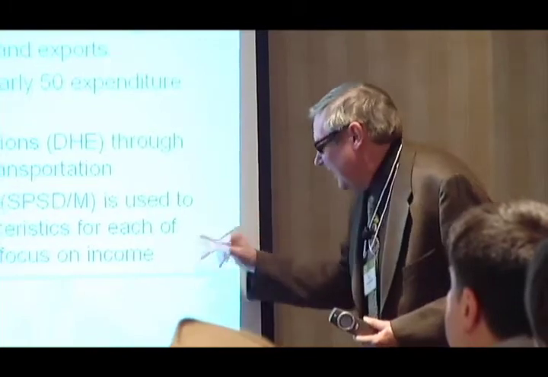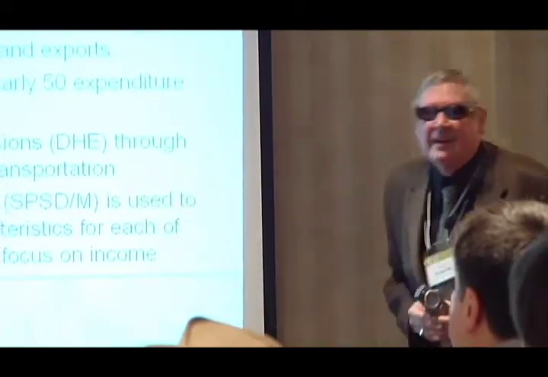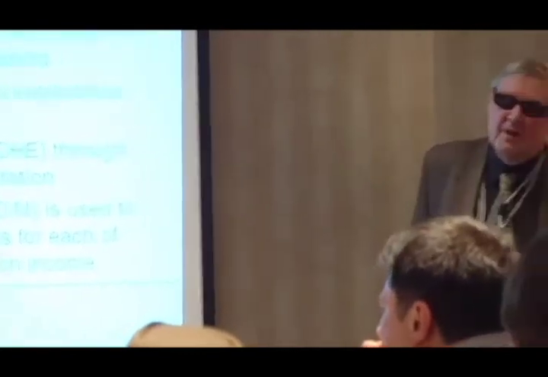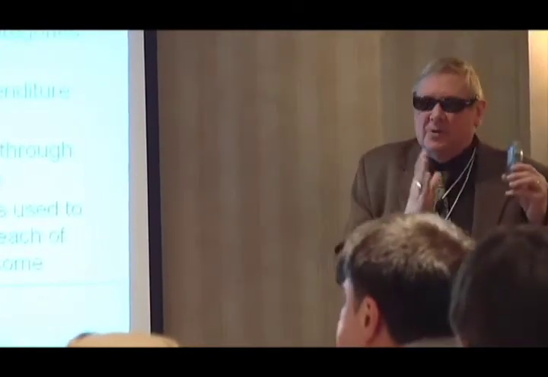Now, finally, this little critter there, the Social Policy Simulation Database and Model, was actually designed to estimate the impact of changes in taxes and transfers. But in this case, we used it to connect household income and demographic characteristics of households and so forth to all these 50 consumer expenditure categories.